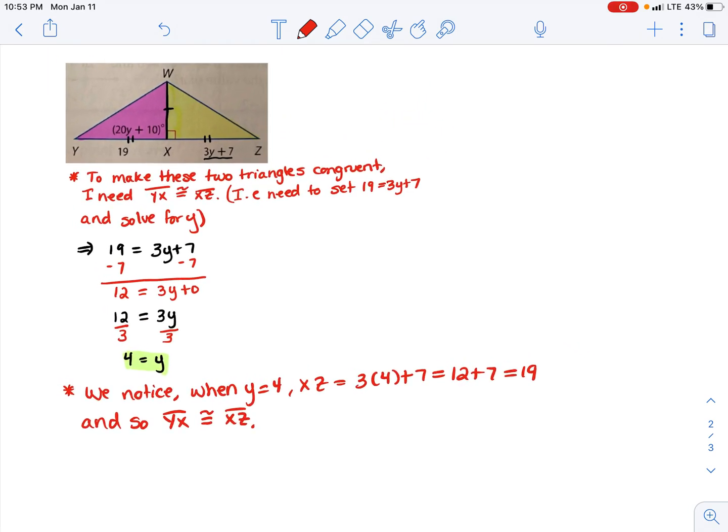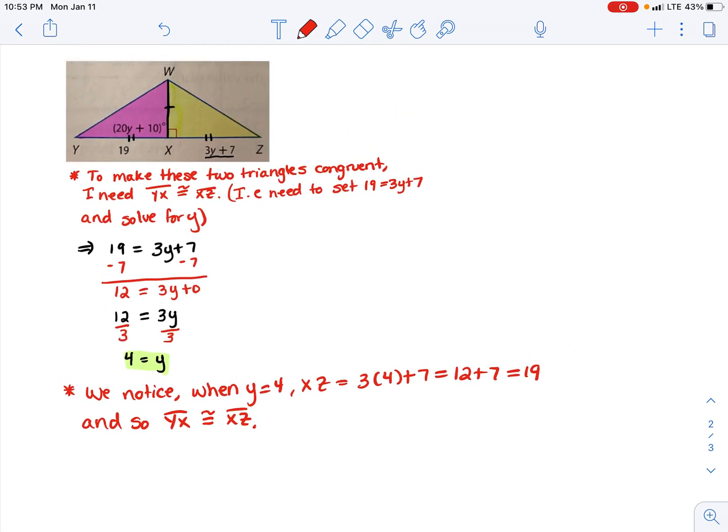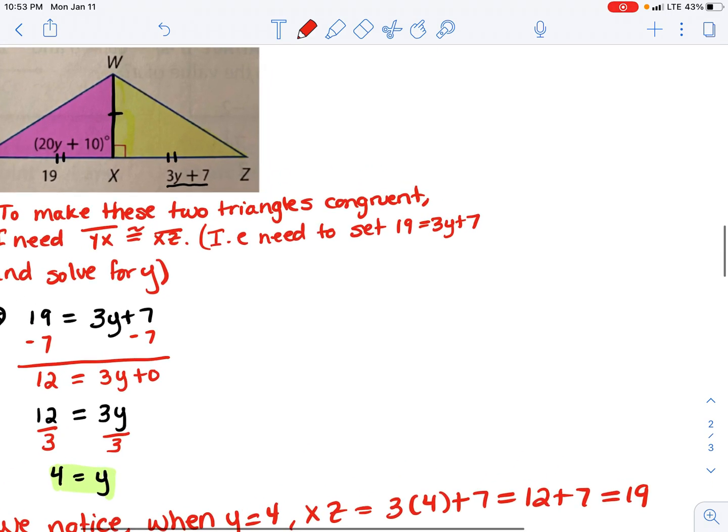But I need not just two sides to be congruent, I also need the included angles to be congruent. Here, if you look, I have a right angle for WXZ, which means that angle measurement is 90 degrees.